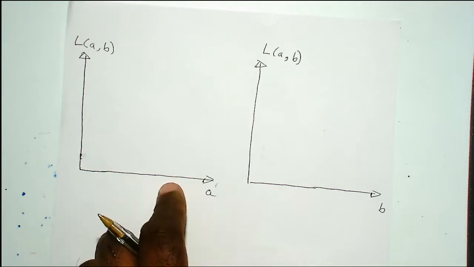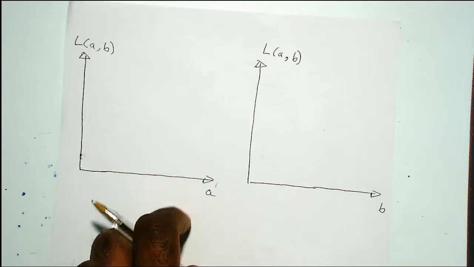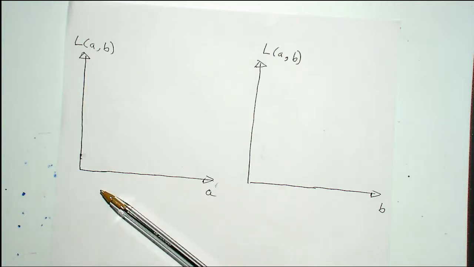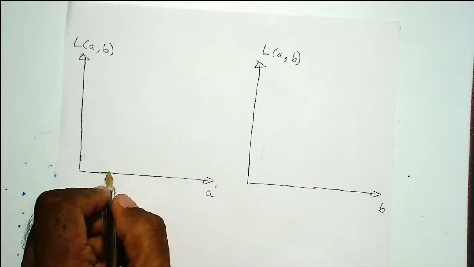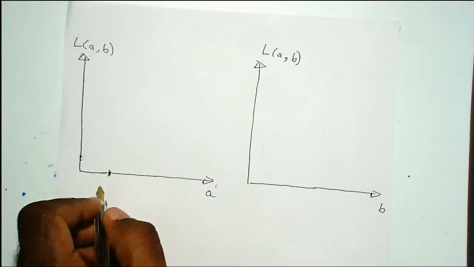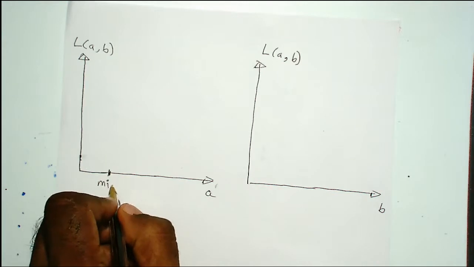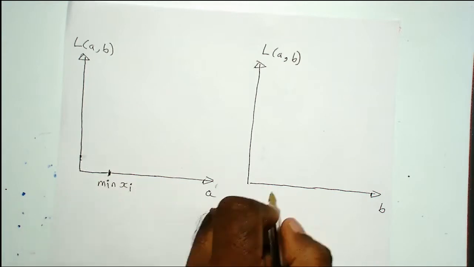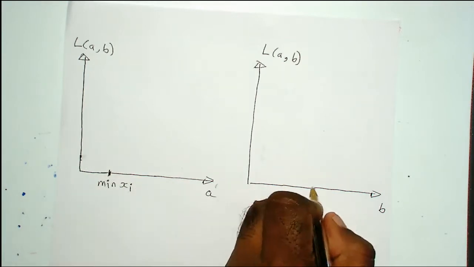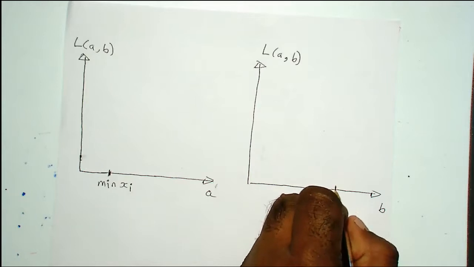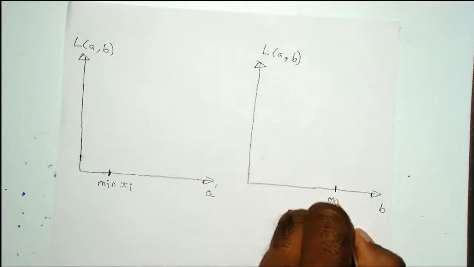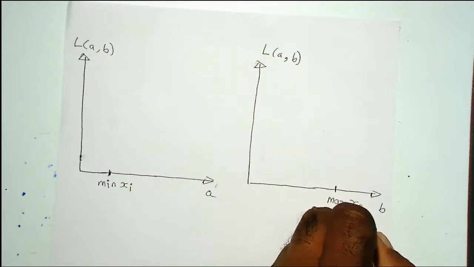But if you plot this versus a, how do you think it will look? If you plot this function here versus a, all right, let me give you an idea. Suppose this is your min of xi, and suppose this is your max of xi.